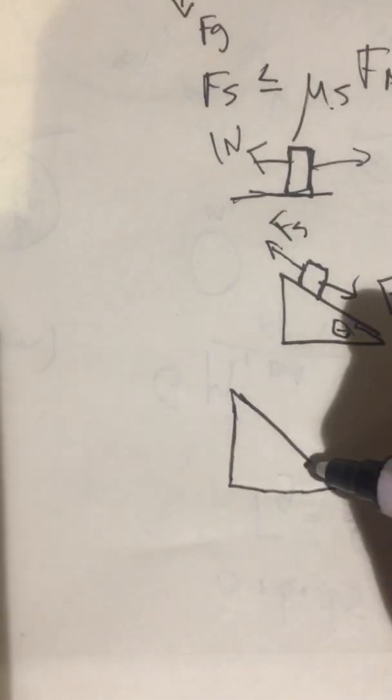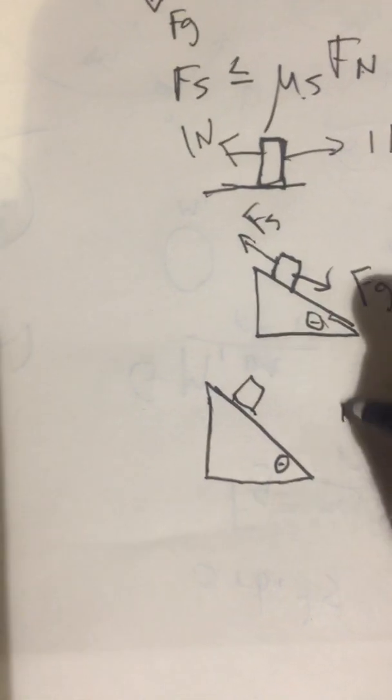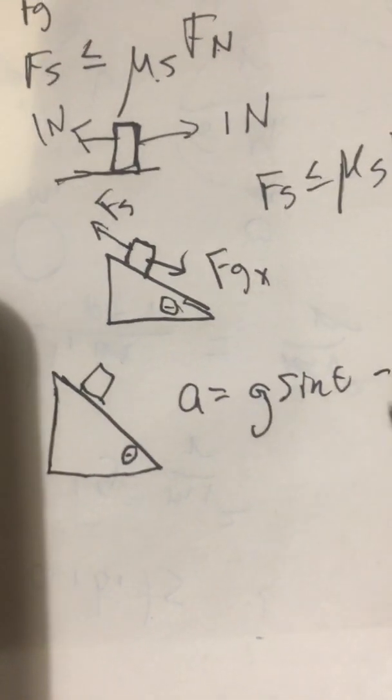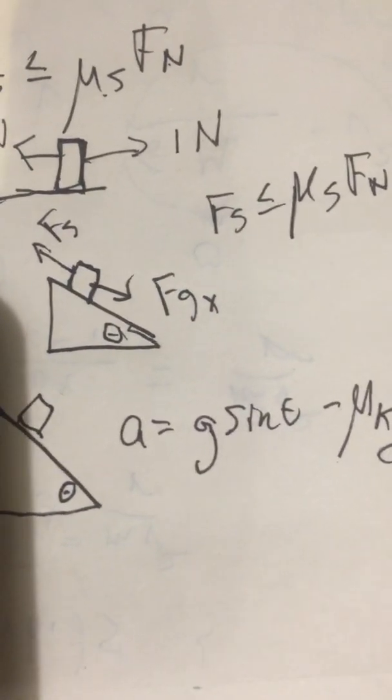And of course, once the object breaks static friction and starts sliding, if the angle's great enough, that'll happen. The object will then slide, and we derive this with an acceleration equal to g sine theta minus mu k g cosine theta.